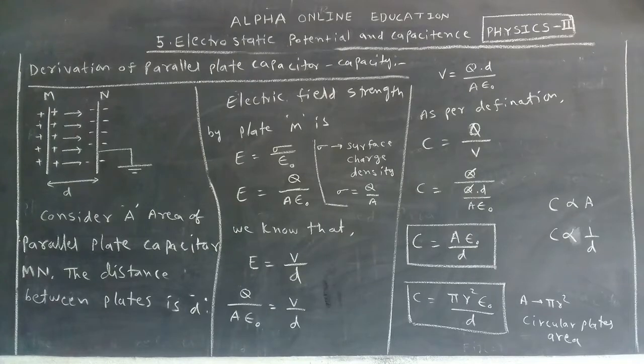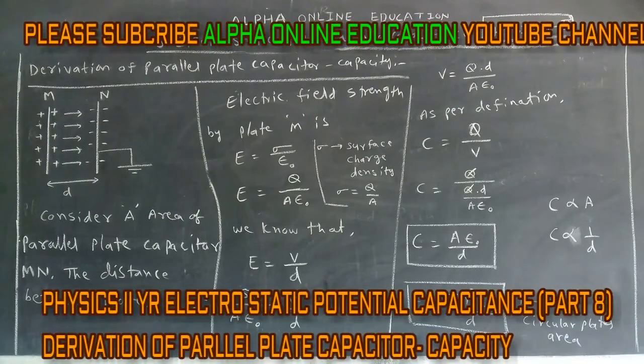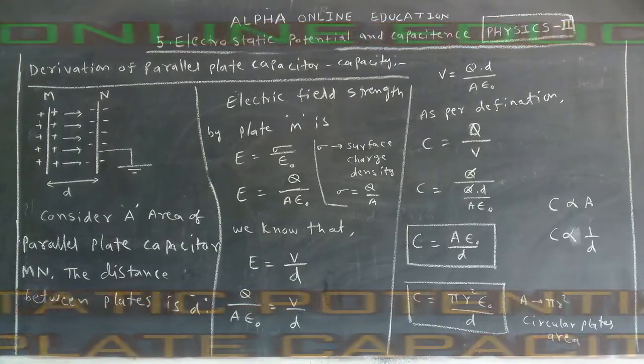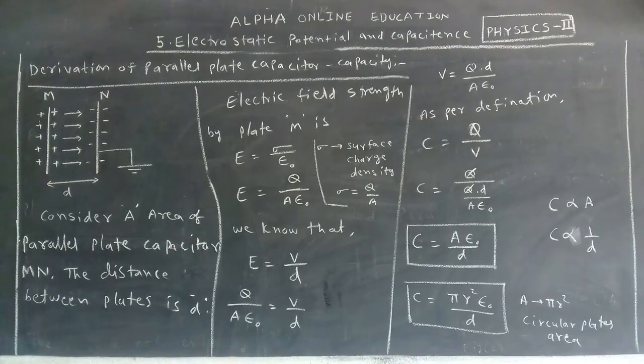Under Gauss theorem we proved that the intensity of electric field is E equal to sigma by epsilon naught. You remember that equation, and then it is very easy to solve the derivation of parallel plate capacitor capacity. All of you record this neatly. That's why I am not moving on the screen.